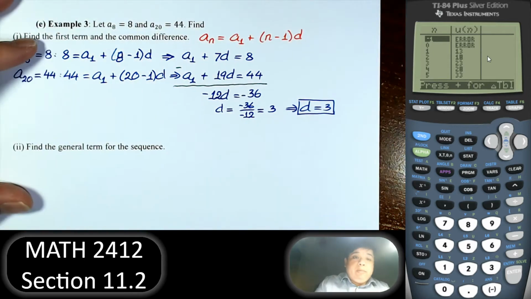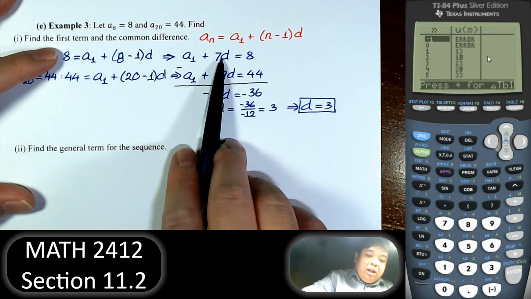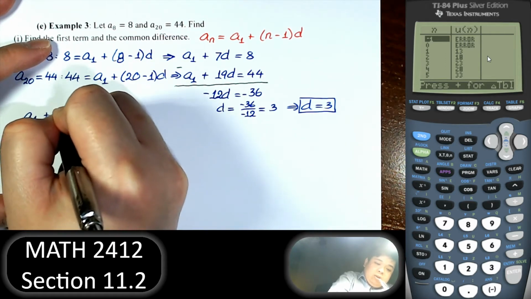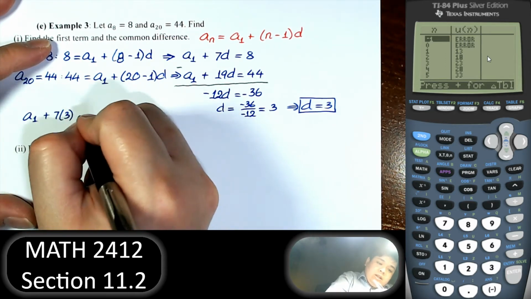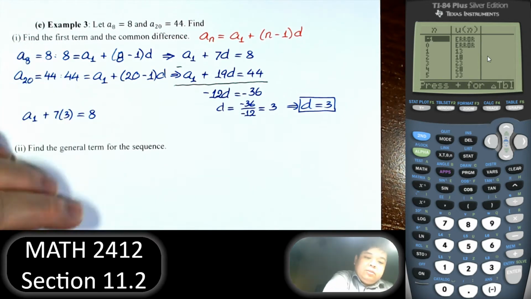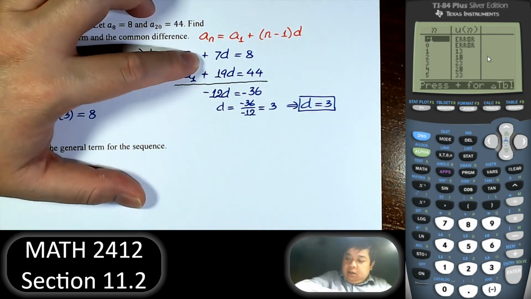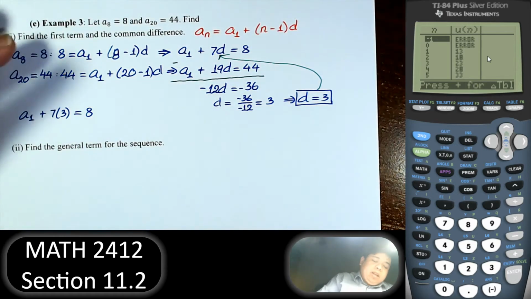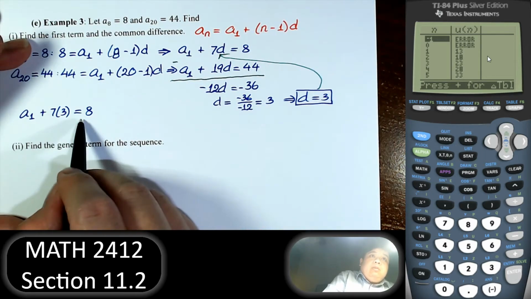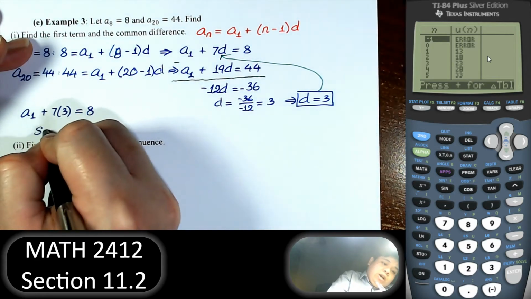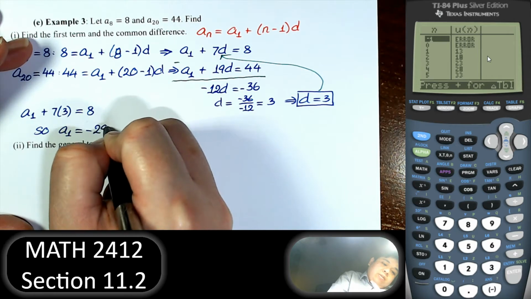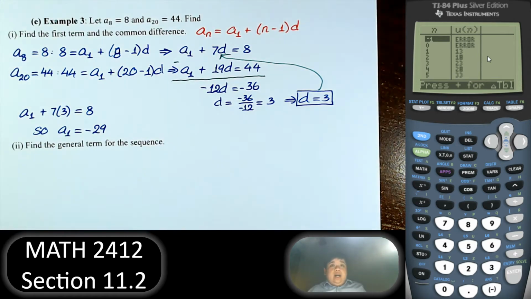Now the rest is simple. If we know d is 3, we can put it back in here. a1 plus 7 times 3 is equal to 8. Right? Substitute that into there. And 21 plus 8 move to the other side. So a1 is equal to negative 21 plus 8, negative 29.